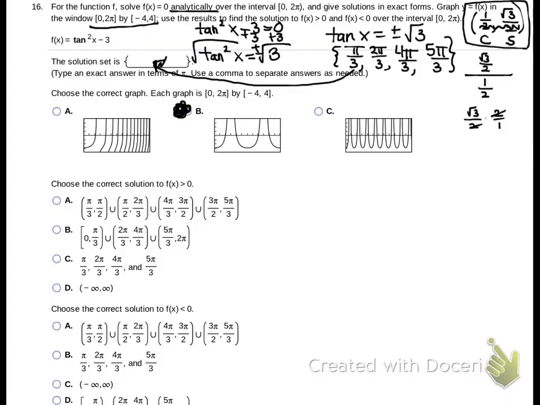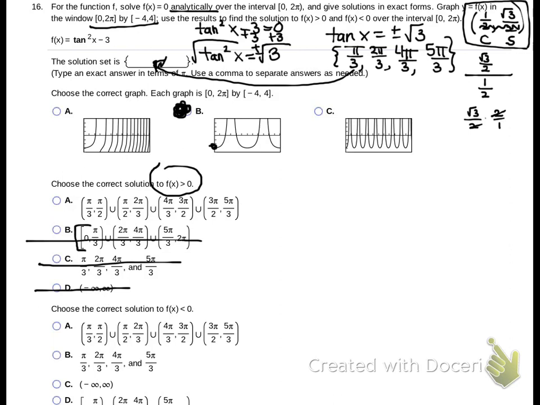So when we're looking at where is the correct solution for greater than 0, D does not make sense. The entire graph is not above the x-axis, nor is it a collection of points, those are the zeros. Between A and B, I can tell B does not make sense. This point right here, 0, there we go, is not part of the graph, so that doesn't make sense. So let's see if A makes sense.